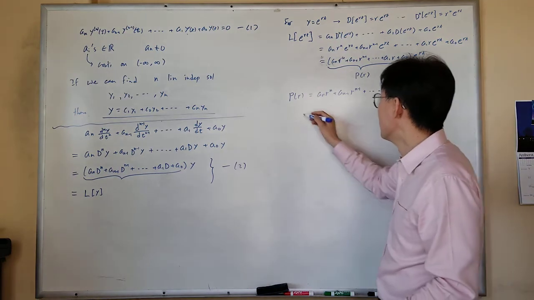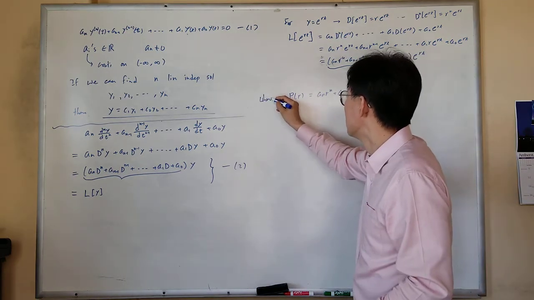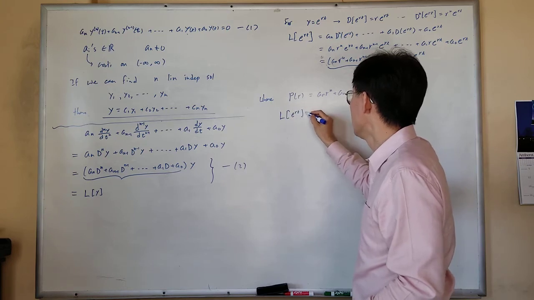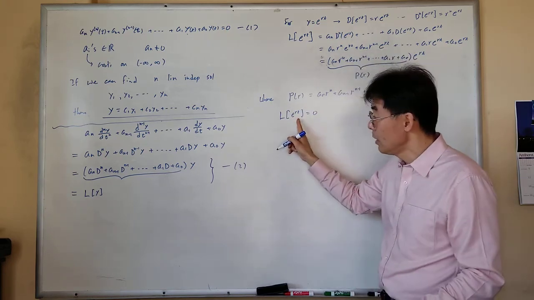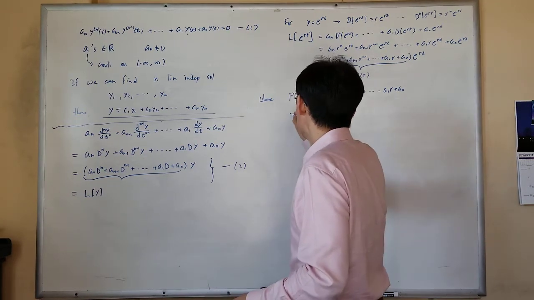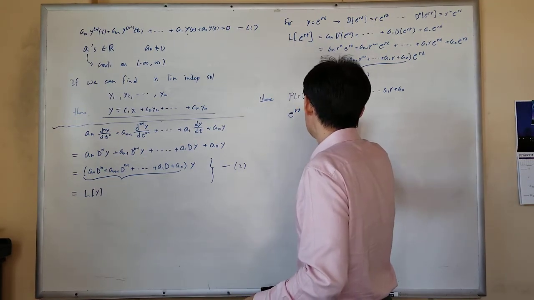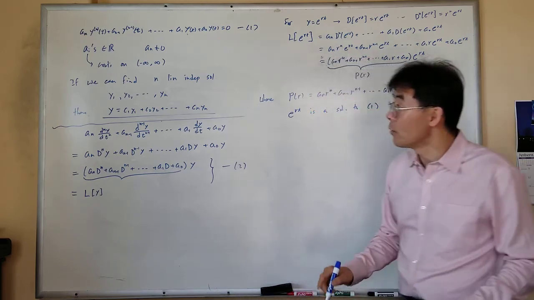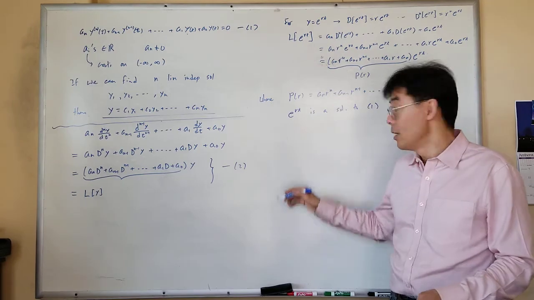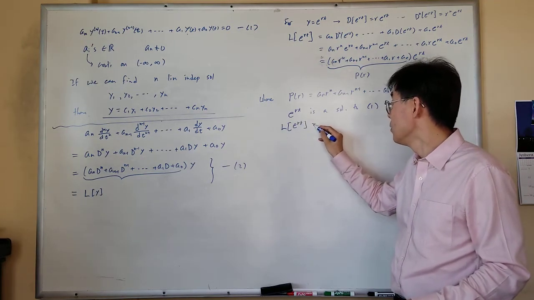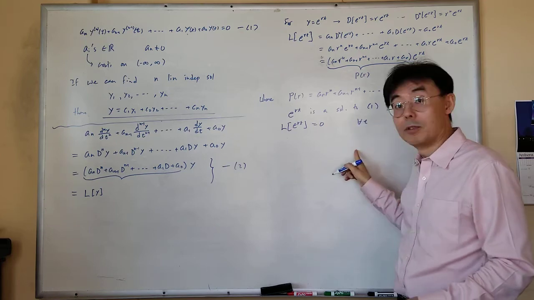Anyway, L of e to the rt equals 0. That means e to the rt is a solution to number 1, right? When you plug it into the left hand side, you get 0 for all t.